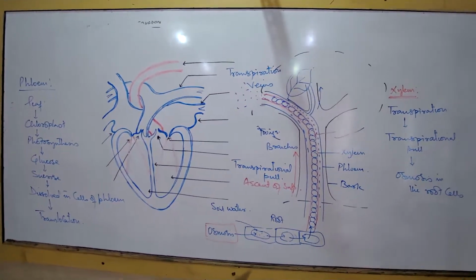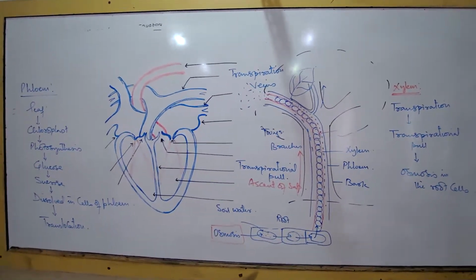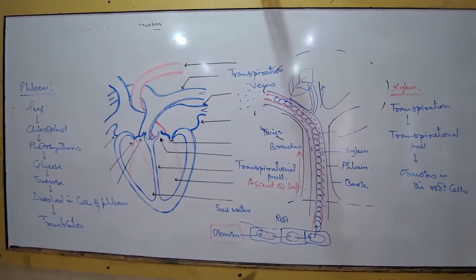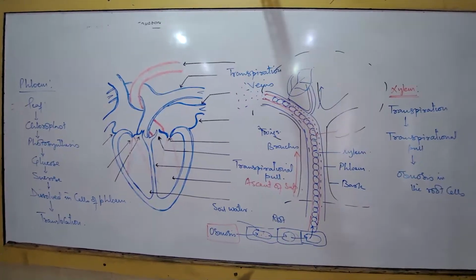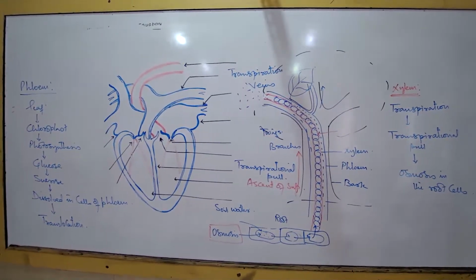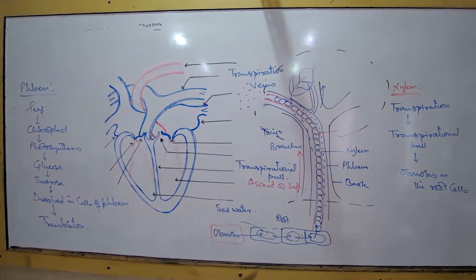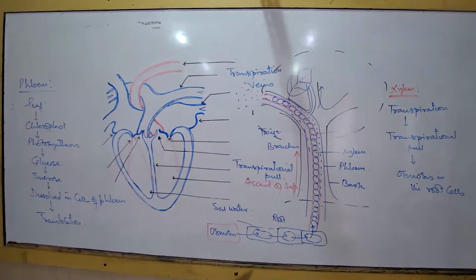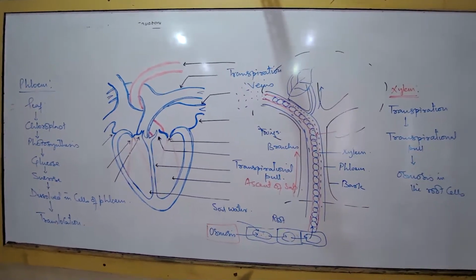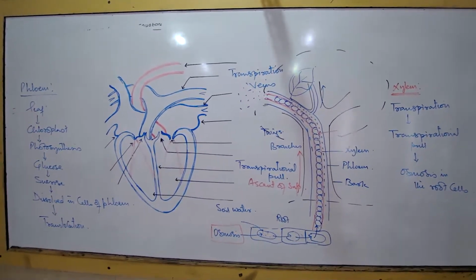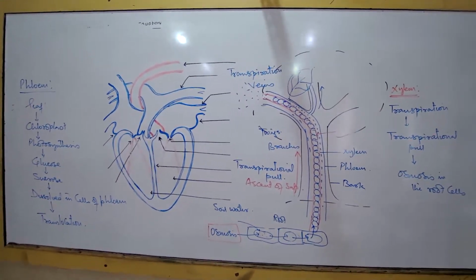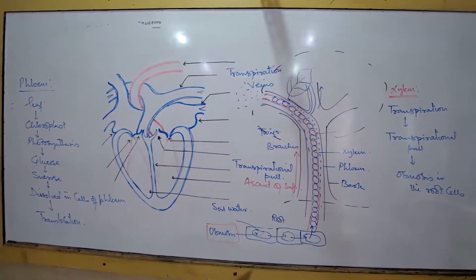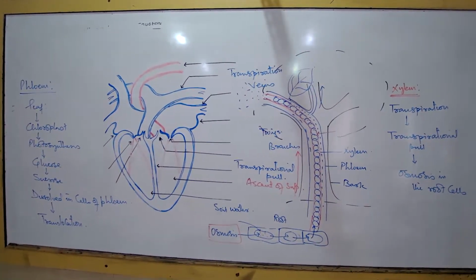Glucose gets converted to sucrose and is dissolved in the nearby phloem cells. Full stop. Next point.